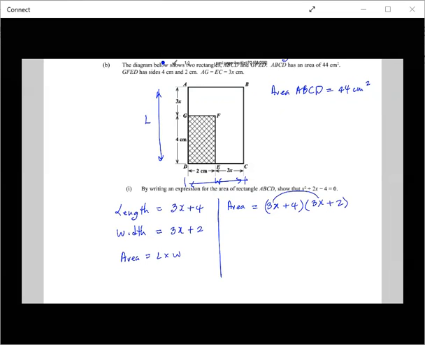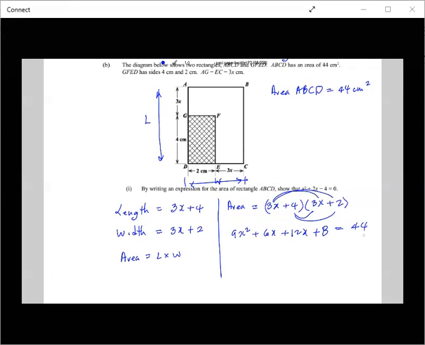That times that is 9x squared. That is 6x plus 12x plus 8. And the area of ABCD is equal to 44. So all we have to do is simplify this and we should be fine.